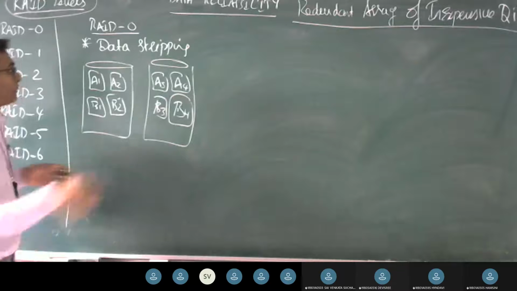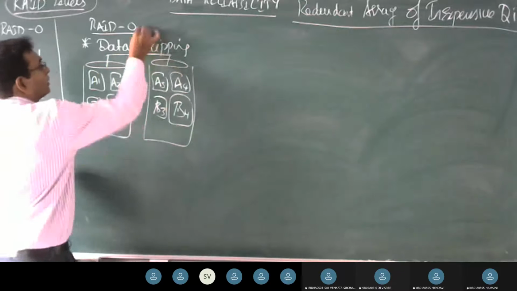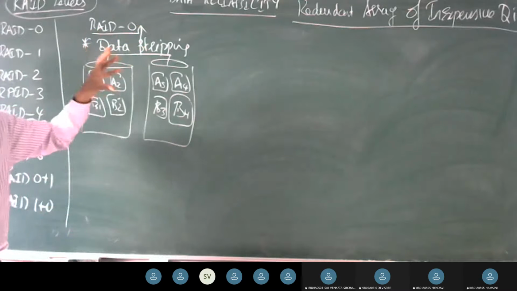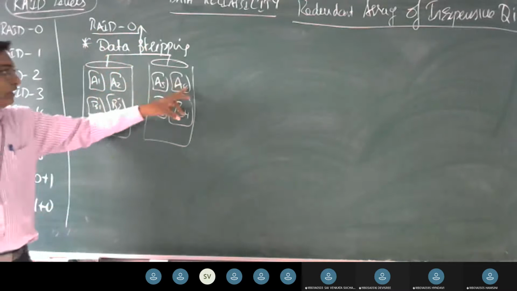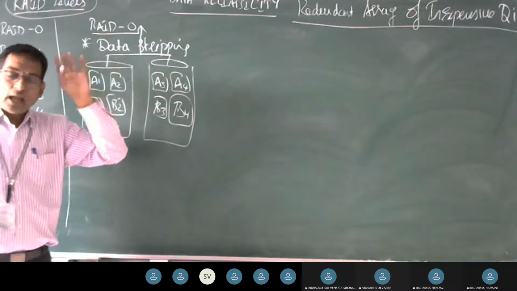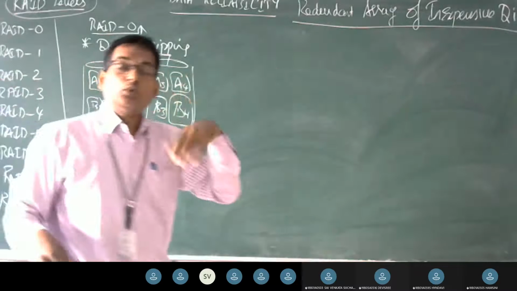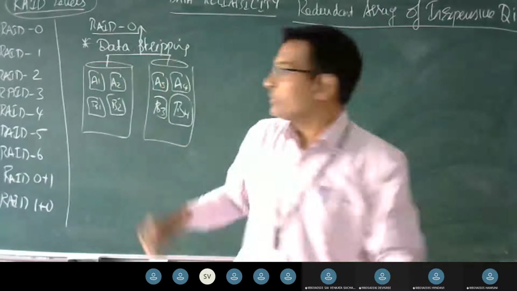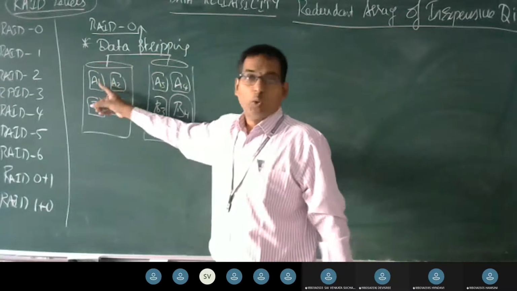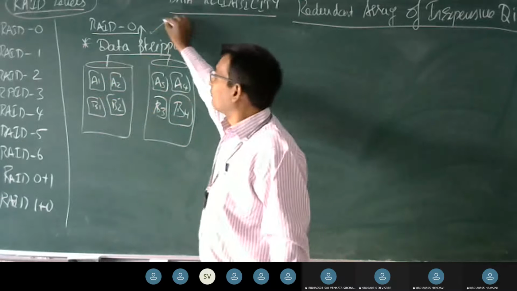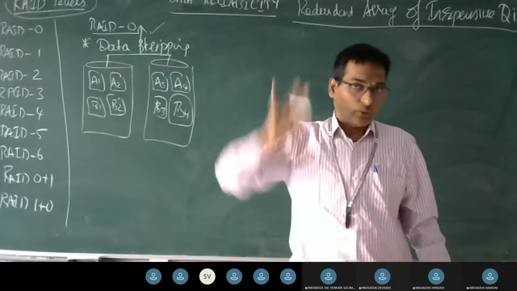RAID level 0 says that A1, A2, A3, A4, these 4 bits, are striped over multiple disks. So that was the concept of RAID 0.